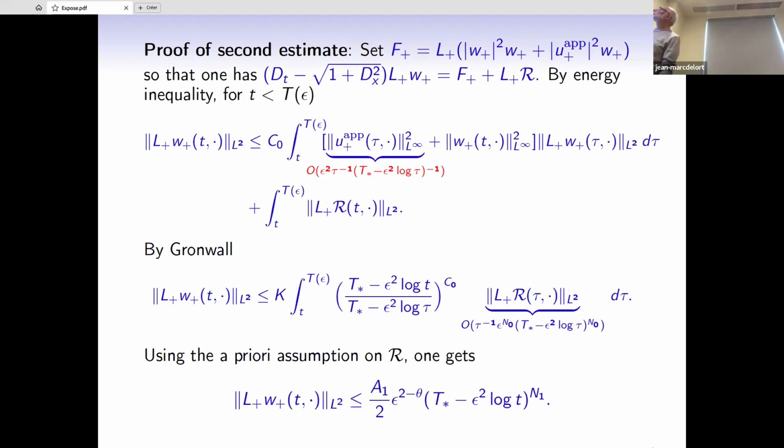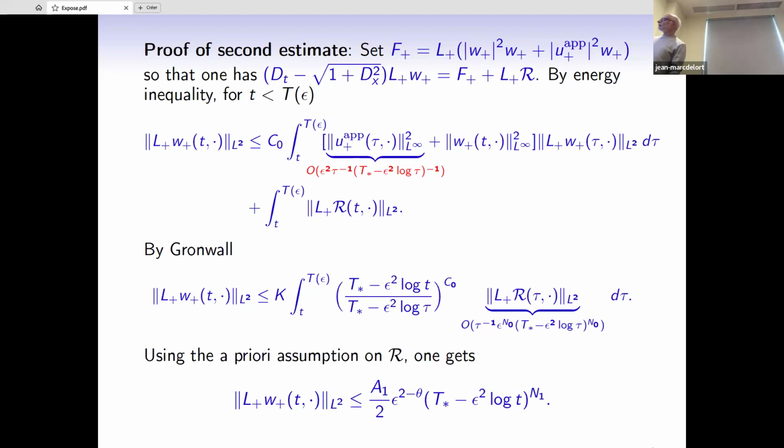And when you make energy inequalities, you have an expression like an integral of the L infinity norm of the approximate solution to the square times the quantity you want to control, here L plus W. So in other words, you will make some Gronwall argument to deduce from such an estimate a bound for L plus W.